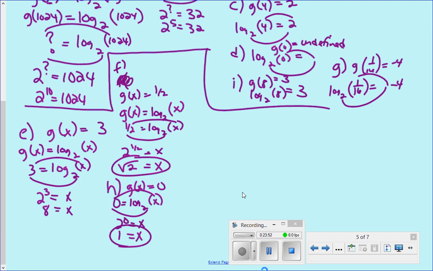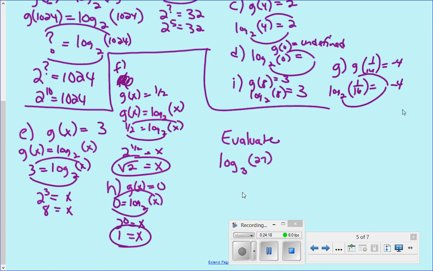I think with at least some of my classes, I did go over one other thing. You'll see in the homework some questions that say something like evaluate, and then it'll have a log. So let me just give you an example. Log base 3, let's say, of 27. That's very similar to what we did when we knew the x value. So like log base 2 of 1/16, I didn't know it equaled -4 yet.